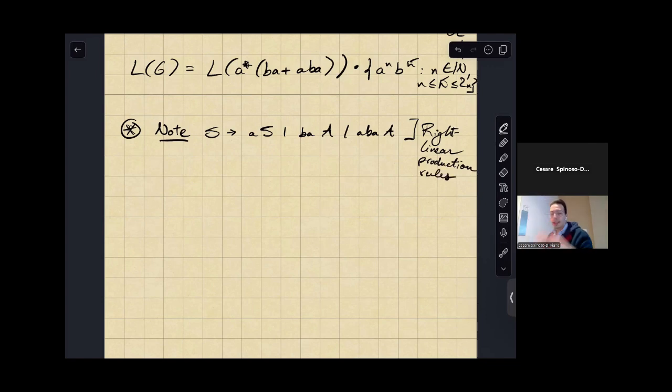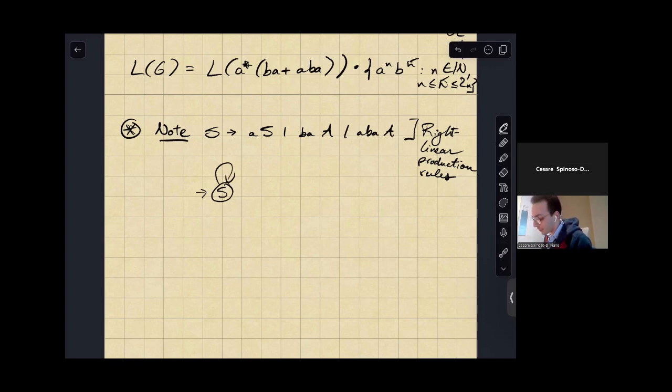And it turns out that there's a one-to-one mapping. You can think of it as a bijection between a DFA and a corresponding right linear production conversion. For instance, you can think of S as your start variable, so S could be the start state. And then what does AS mean?